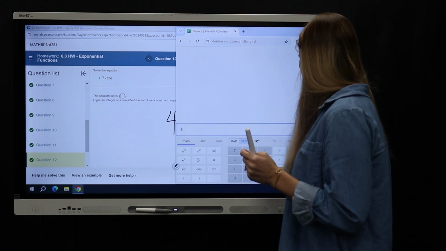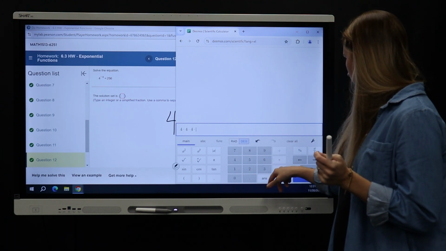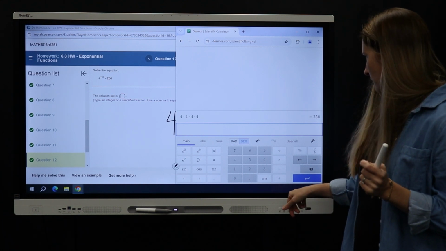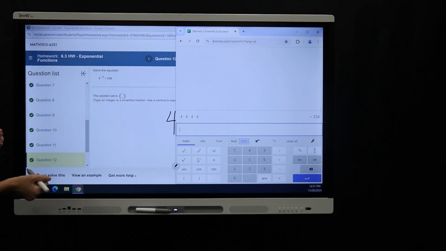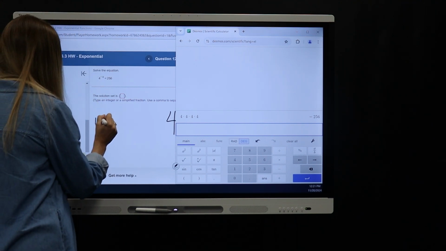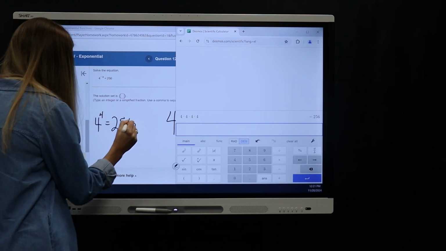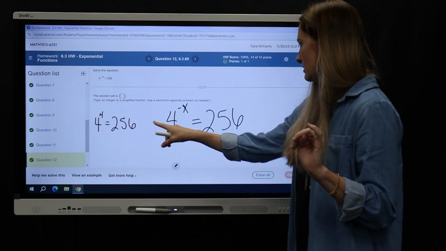So I'm going to do 4 times 4 times 4 times 4, and that's 256. So 4 to the 4th power, because there's 4 of them, is going to be 256. So 4 to the 4th power equals 256.